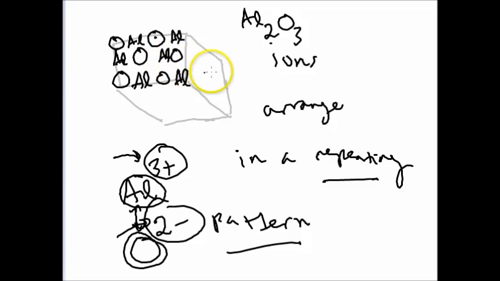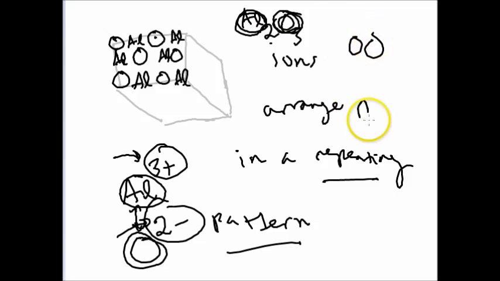So in 3D, which I am not able to draw for you, nature will be able to get 3 oxygens surrounding every 2 Al, and 2 Al surrounding every 3 oxygens, so that you never have a case where there's an oxygen right next to an oxygen, or there's an Al right next to an Al. I mean, you may have a case where there's an Al diagonally from an Al, but that diagonal distance will be farther than a next-door neighbor distance.